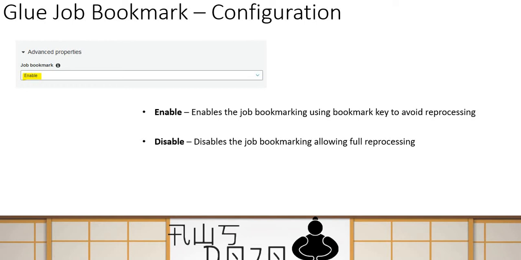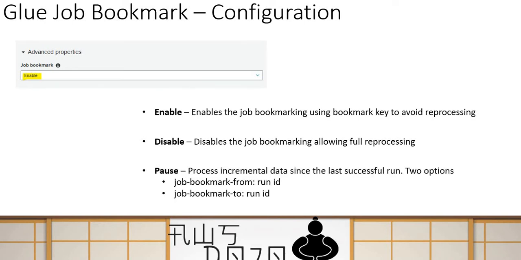When you enable a job bookmark, it will take care of the previous runs. If you disable a job bookmark, it will not take care of the previous runs. It will simply do full processing. You can also pause. And in that case, you can do incremental data processing since the last run. In this case, you have two choices where you can say, let's reprocess from the job bookmark run ID or to the job bookmark run ID.